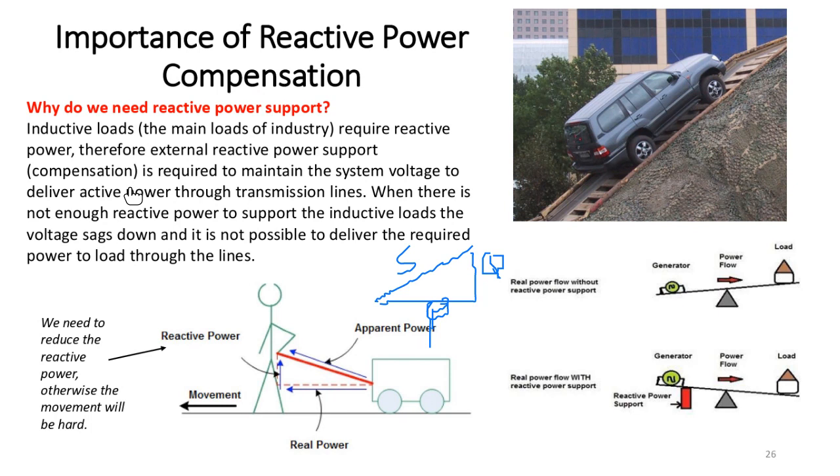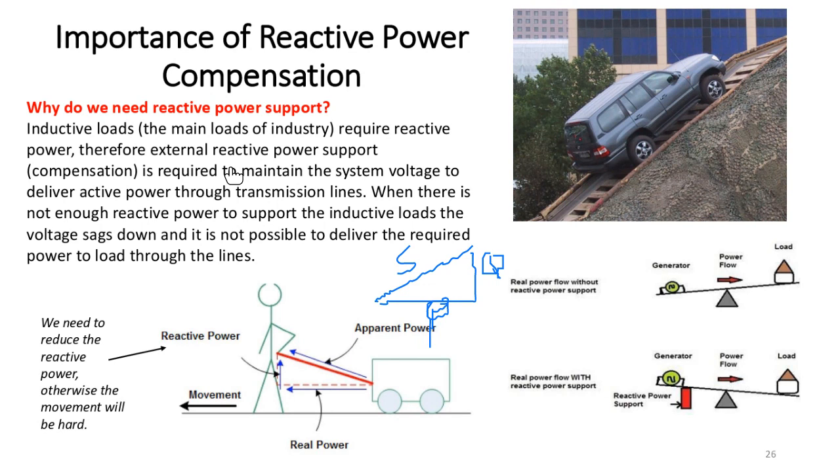Capacitors and synchronous condensers also give reactive power. We call it a synchronous condenser, not a synchronous generator. The difference is that the synchronous condenser produces only reactive power, Q, no P.